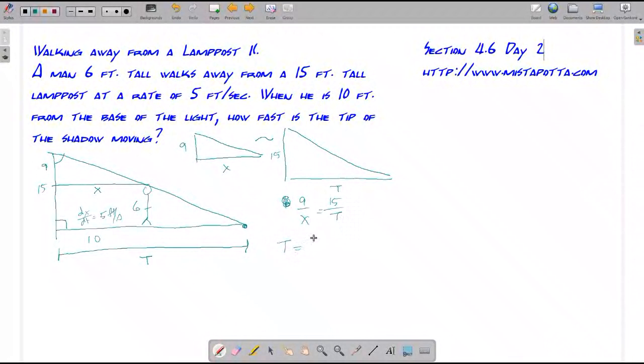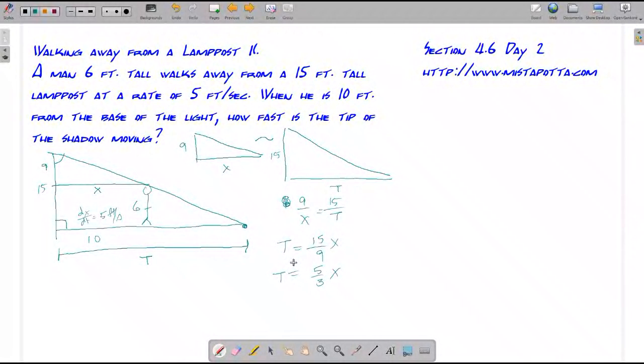T is equal to 15 ninths of x, which would really be 5/3 of x. And this is my model.